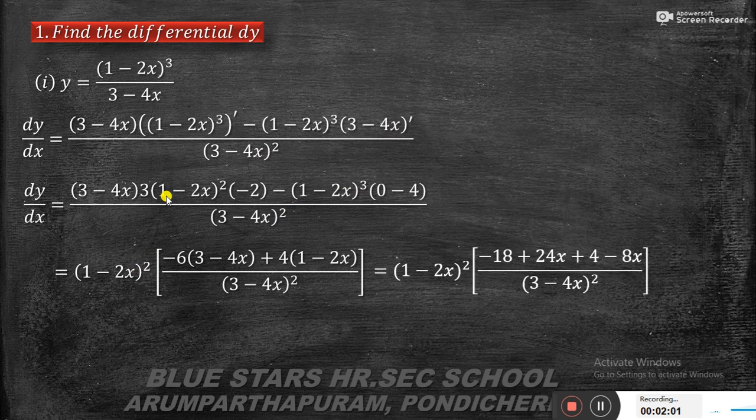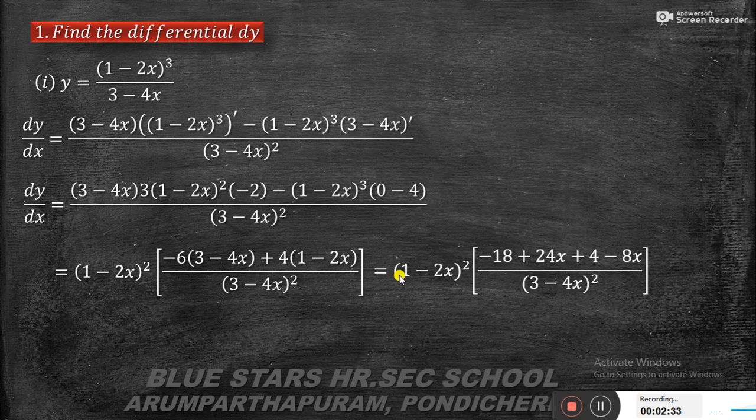In the next step I take the common factor from these terms. The common factor is (1 minus 2x) whole square, so I take it from the numerator. (1 minus 2x) square into the remaining term, which is minus 6 into (3 minus 4x), and minus into minus plus, (1 minus 2x) whole square I take from this term, so the remaining term is 4 into (1 minus 2x), by (3 minus 4x) whole square.